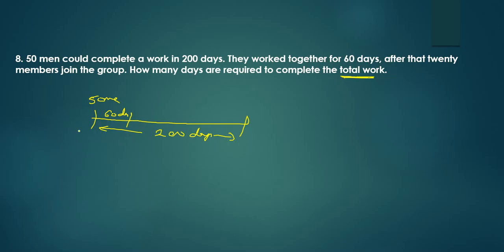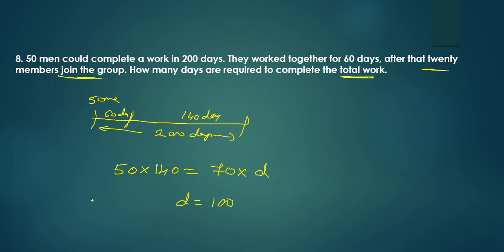Okay. Now, after 60 days, if there are only 50 men, they can complete the work in 140 days. But what happens to the number of men? It is increased by 20, they joined the group. The number of people has become 70. Now, how many days are required? So, D equal to 100. But he is asking how many days are required to complete the total work.